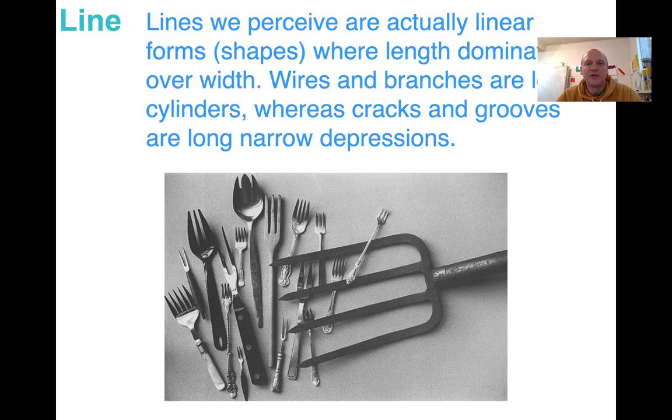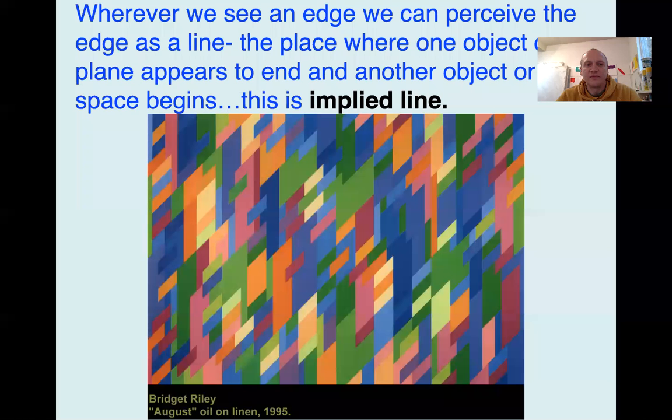So wires and branches are good examples. Cracks, grooves, long, narrow depressions are other good examples. And where we see an edge of two shapes together, what we're seeing is actually an implied line, right? So in a work like this, there are no black outlines around all the shapes. We're seeing two shapes abutting each other and making this implied line.